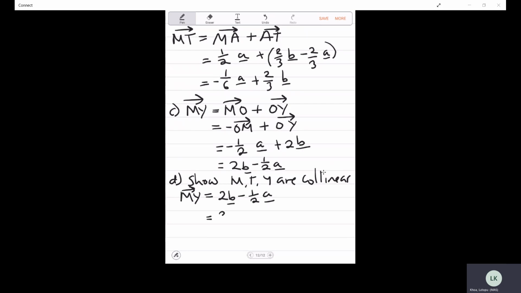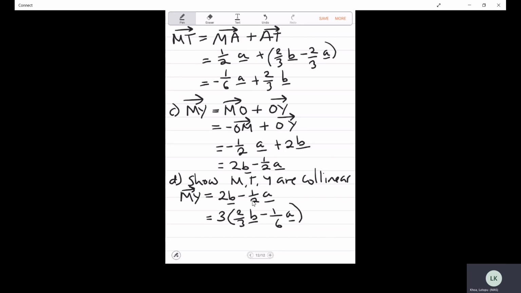So if I factor 3 out, here I'll have 2 over 3B minus 1 over 6A. Now this vector here is exactly this vector here: you have negative 1 over 6A, there it is, 2 over 3B, that's it.